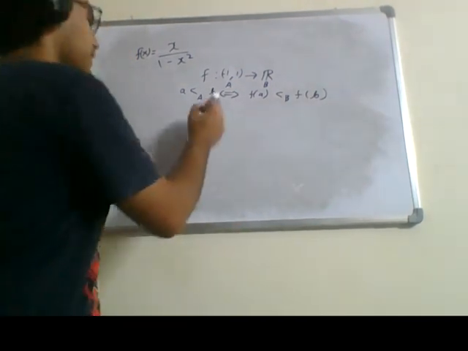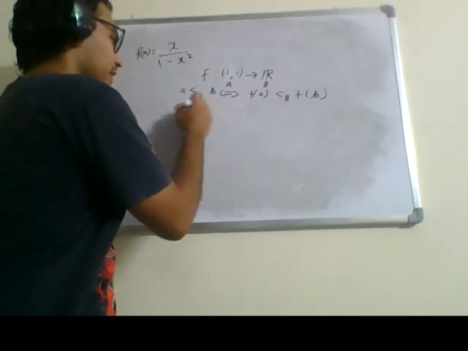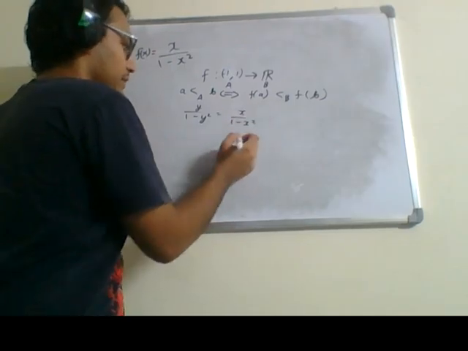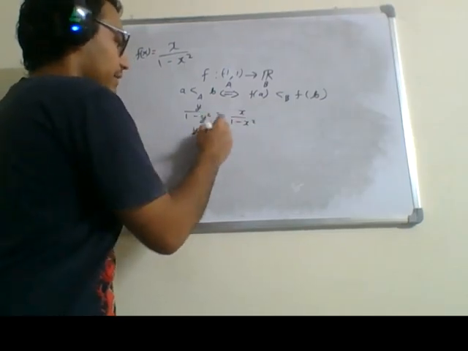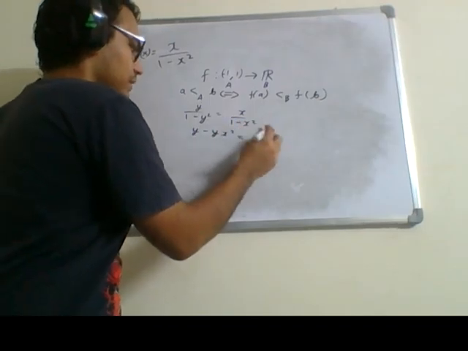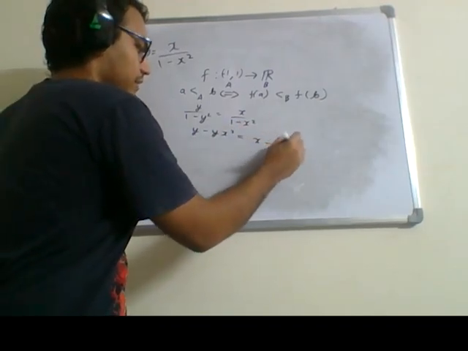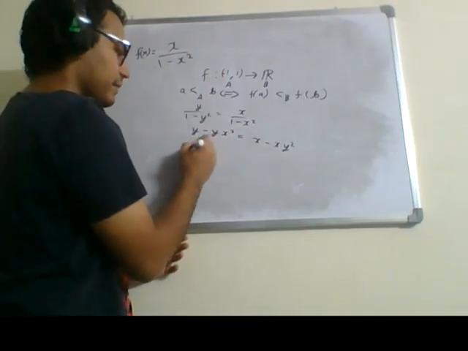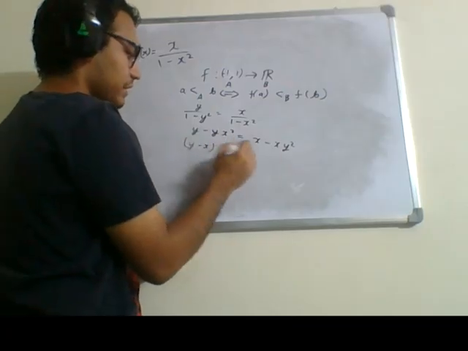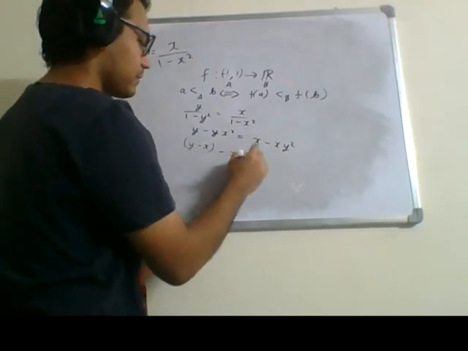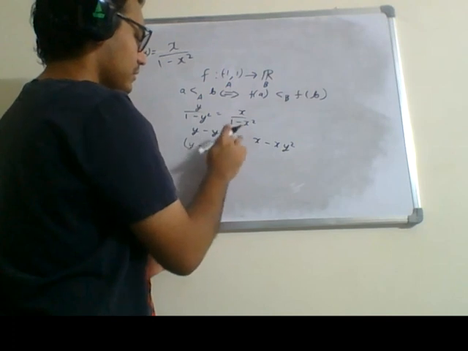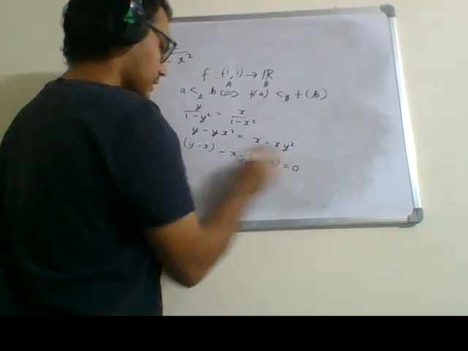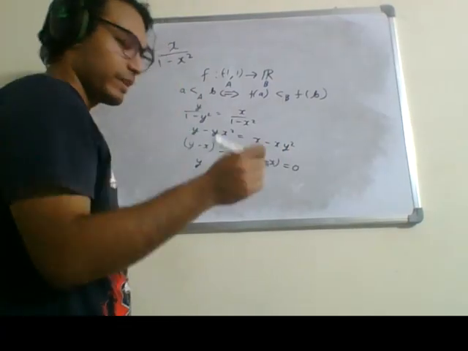To show it's 1-1, let's see, y upon 1 minus y squared is equal to x upon 1 minus x squared. So yx squared is equal to x minus xy squared, and let's see, y minus x times 1 plus xy is equal to 0.